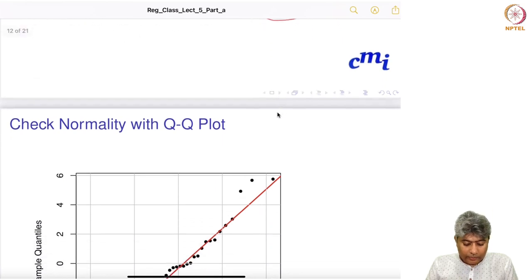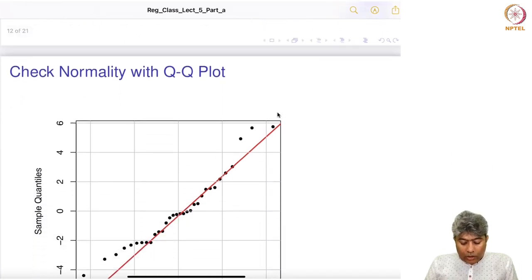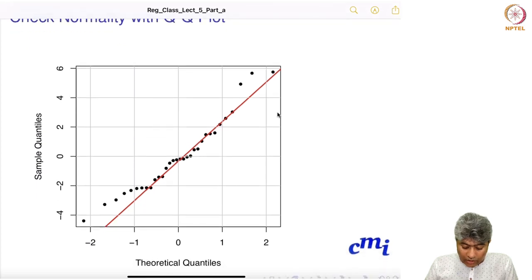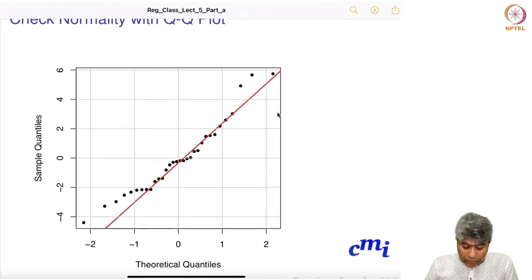Finally, we will check the fourth assumption, normality, with a QQ plot. The QQ plot is very popular. All you have to do is calculate the theoretical quantiles of the normal distribution and the sample quantiles from the data, and plot them.